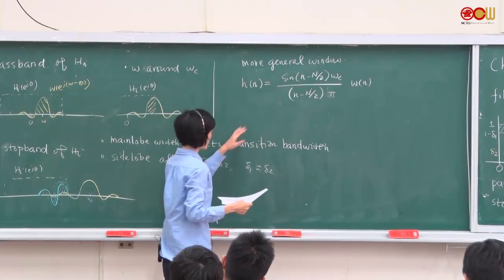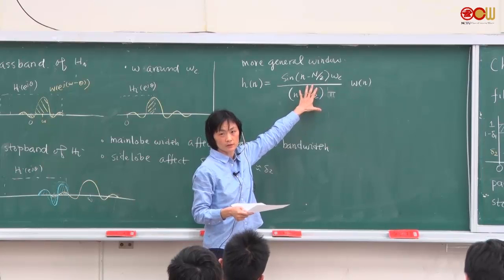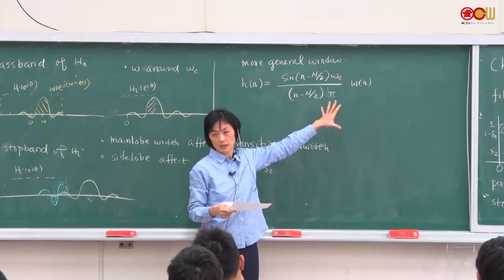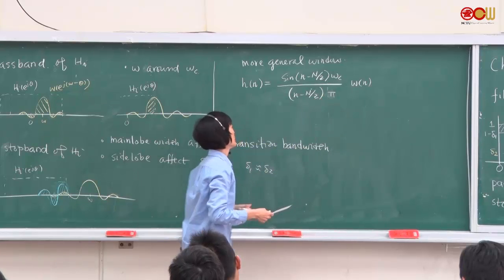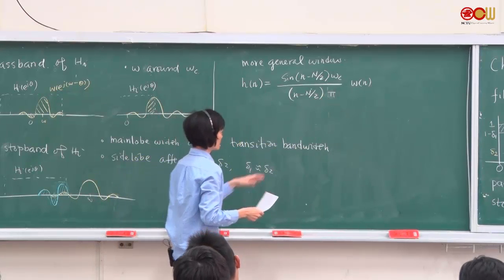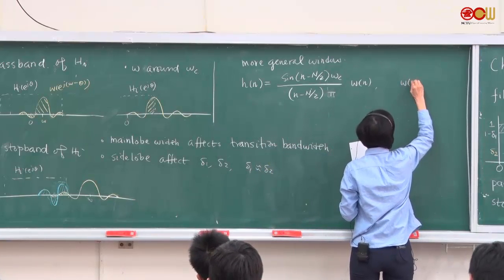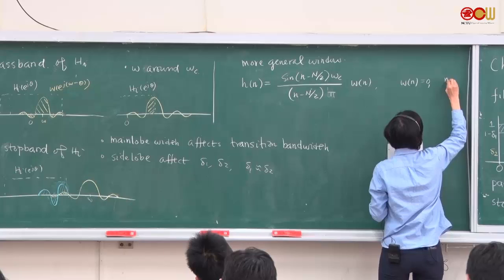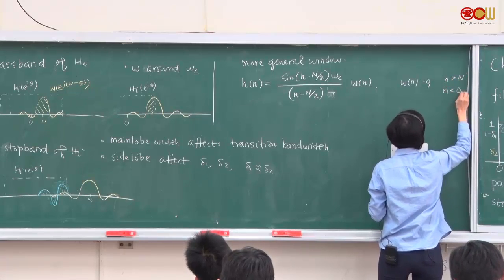First of all, we can shift the ideal low-pass filter around so that it's already causal to start with. And then this w[n] is 0 for n larger than N and for n smaller than 0.